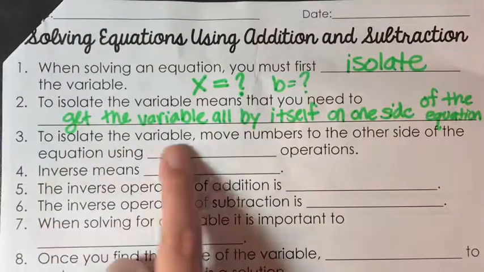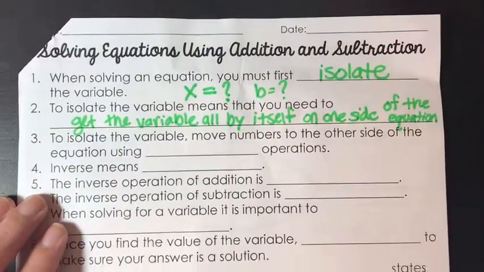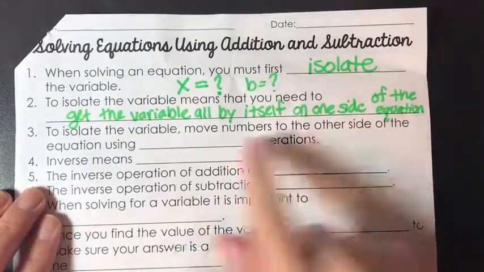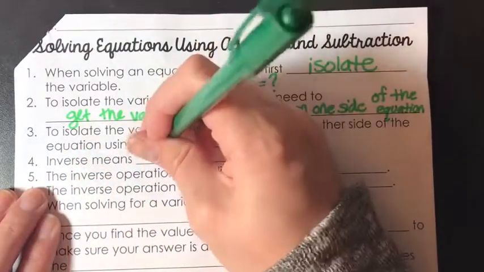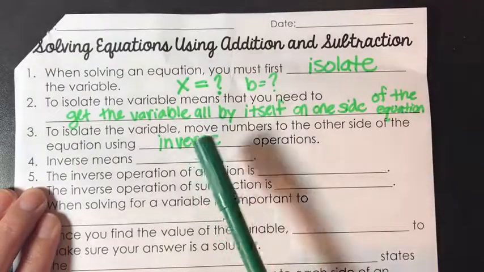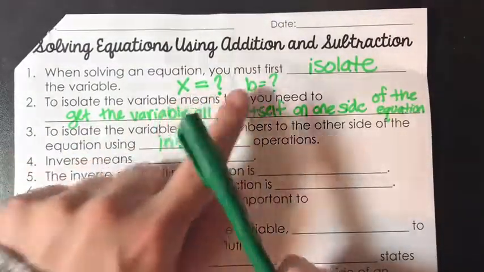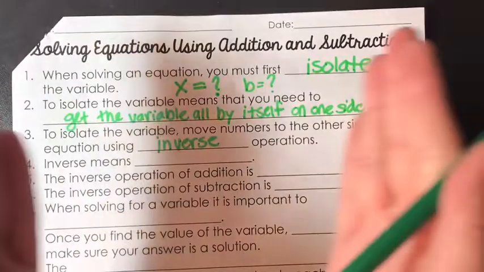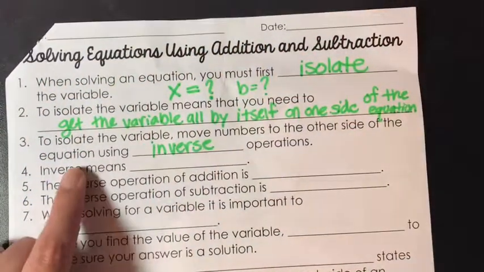To isolate the variable, you need to move the numbers to the other side of the equation using inverse operations. You basically want to cancel out anything around your variable, whatever that may be, in order to get it all by itself.